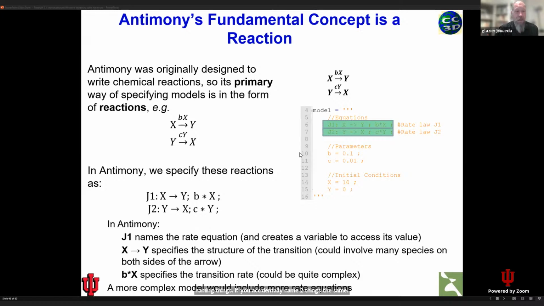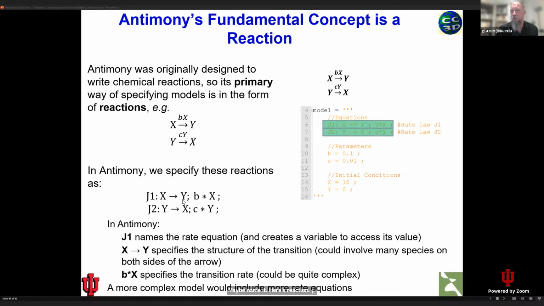Okay, the fundamental concept in Antimony is a reaction. It's based on the idea of a chemical reaction. Something goes to something else at a rate. Nothing could be simpler than what you do. If you say X goes to Y at a rate b times X, you type X, maybe name it. Here's reaction J1, colon, name of reaction.